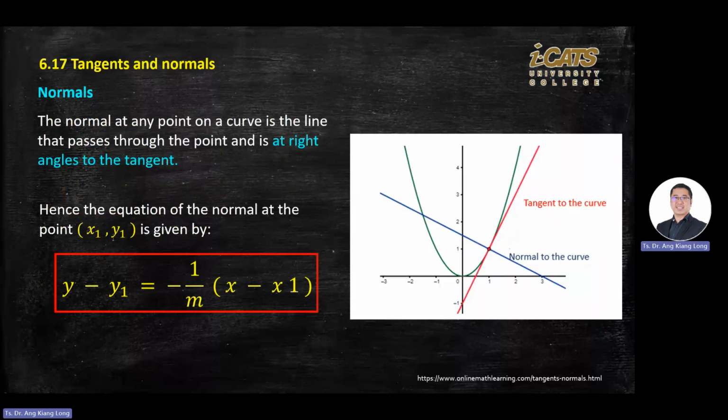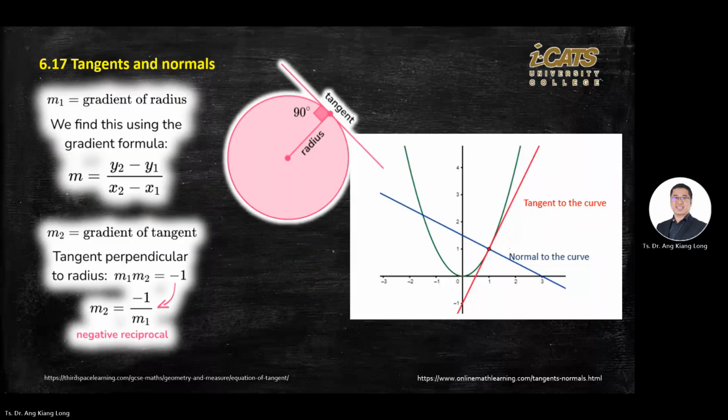It is m1 multiply m2 equal -1. It means if you have tangent to two lines that are perpendicular, the product of the gradients of the red line and the blue line is -1. Just apply this one. So this slide concludes this part.